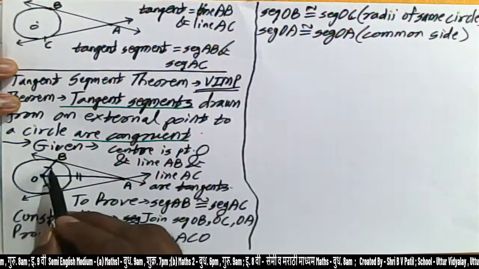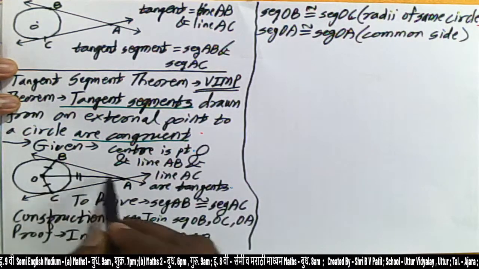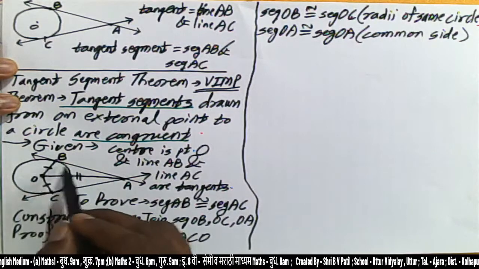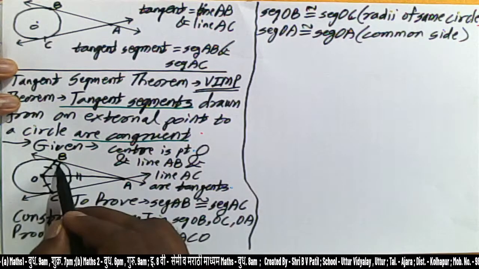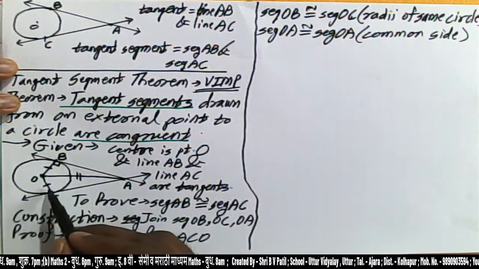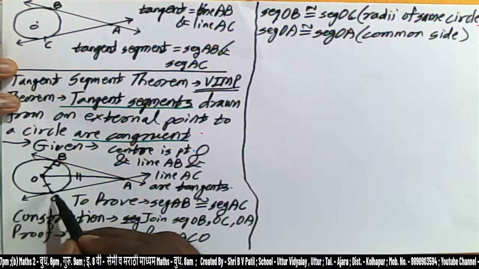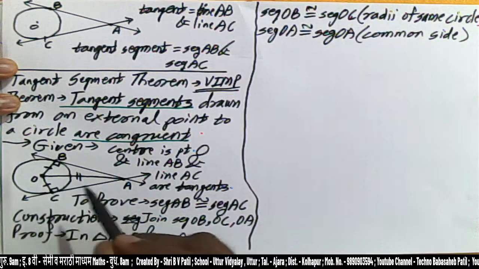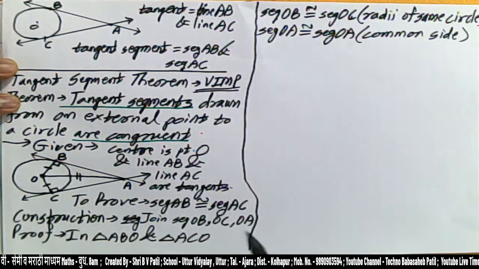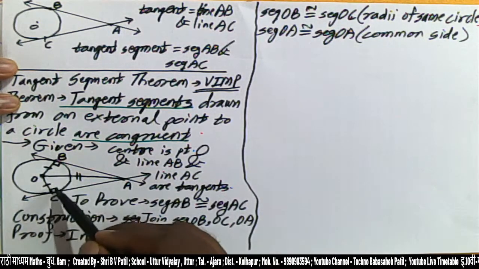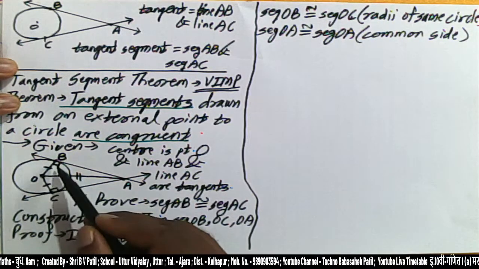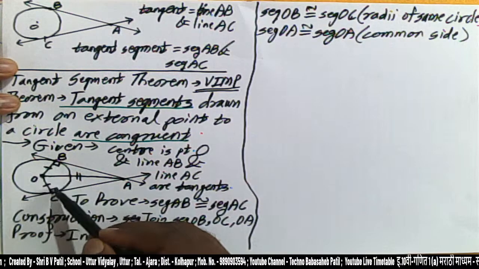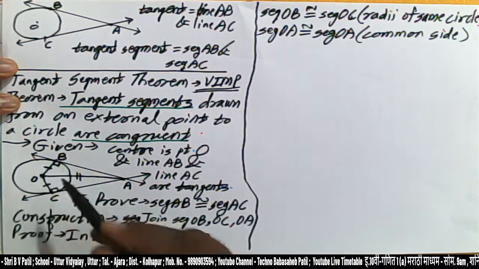Then this is the radius and this is the tangent. Radius and tangent are perpendicular to each other. Here radius OC and tangent AC are perpendicular, so we get 90 degrees, and equal measures of angles are congruent.